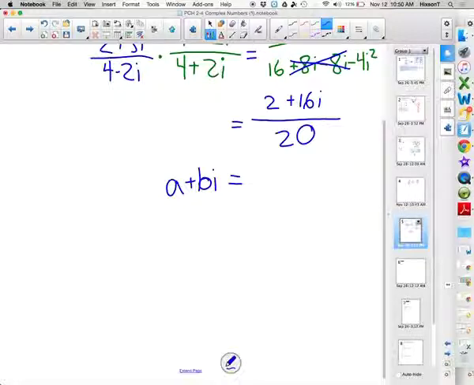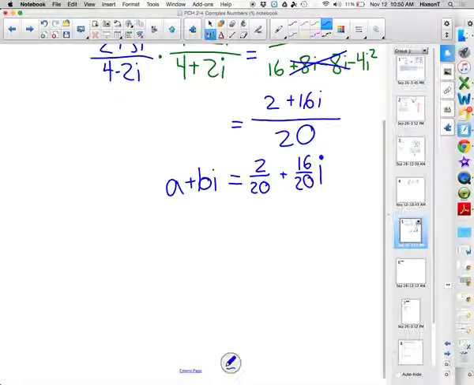So what I would need to do is separate this into a real part, 2 over 20, and then the imaginary part, 16 over 20, times the i. And then I could reduce both of those.